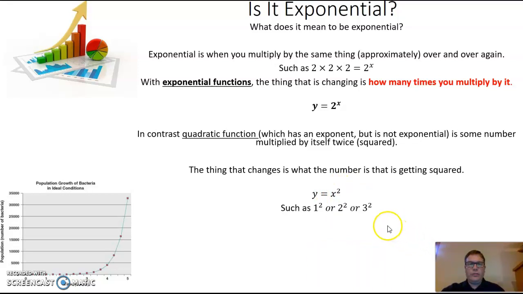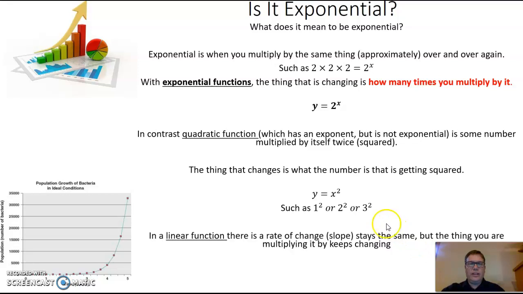If we go to linear functions, they are things that are growing by the same amount every time they change. The rate of change stays the same. For example, when you have a job, if you're making, say, $11 an hour, then every hour that goes by, you are making $11 more. The amount that is changing is the same. 1 hour is always $11 more.